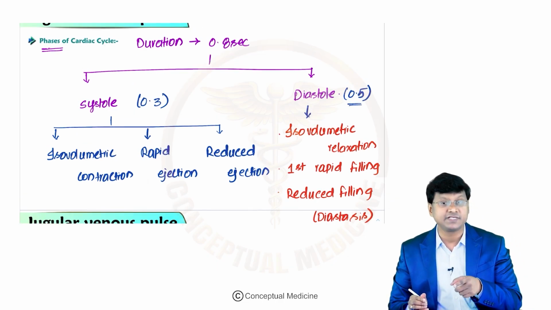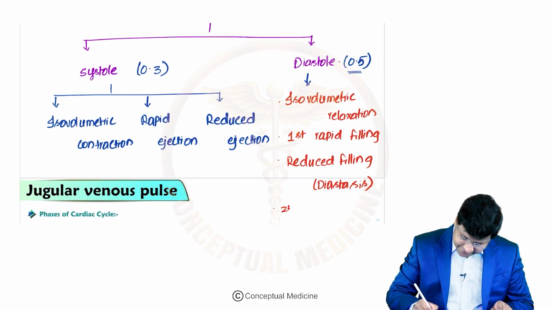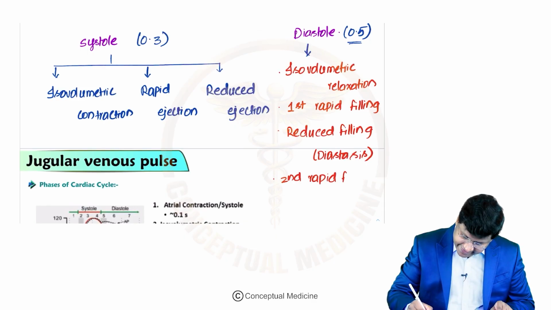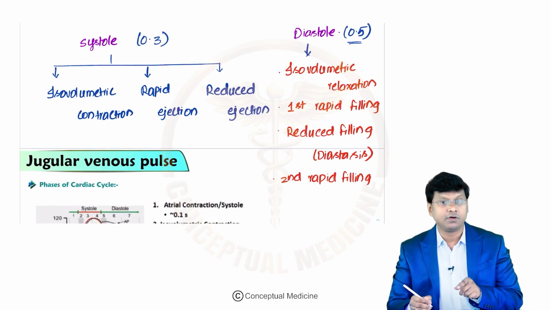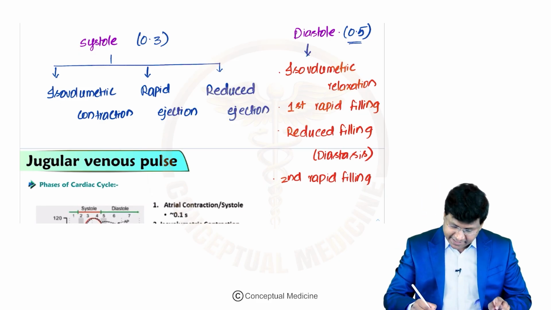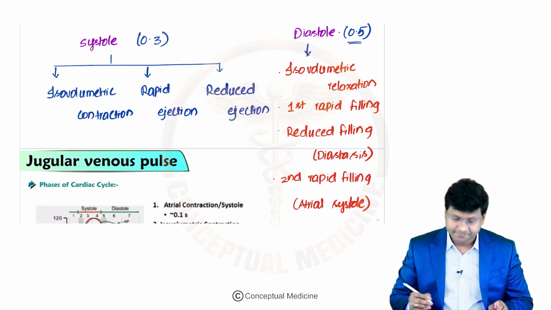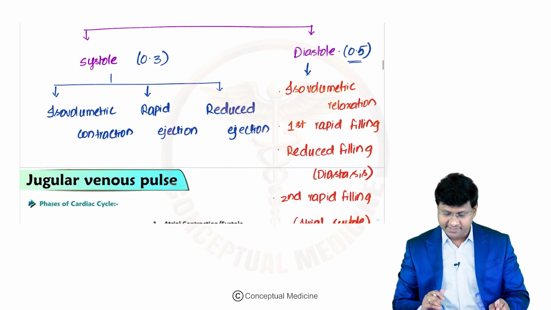After this reduced filling, we also have the second rapid filling, and this second rapid filling of the ventricular event corresponds to the atrial contraction, or the atrial systole.